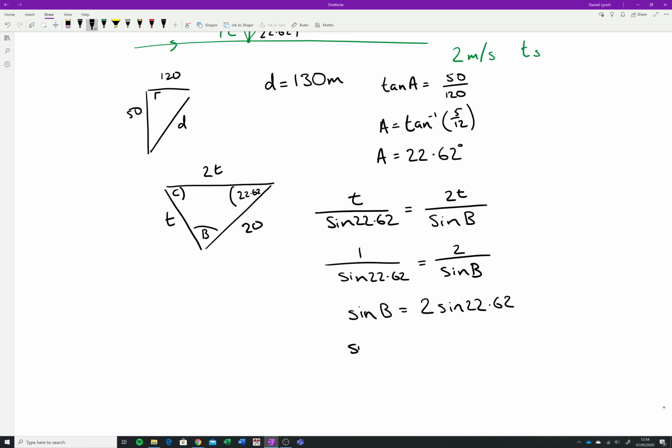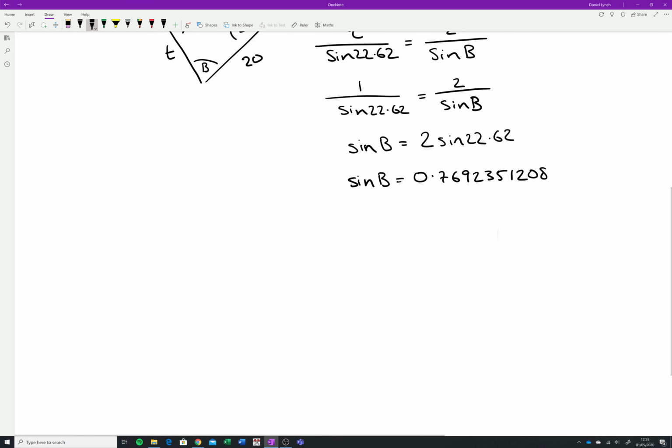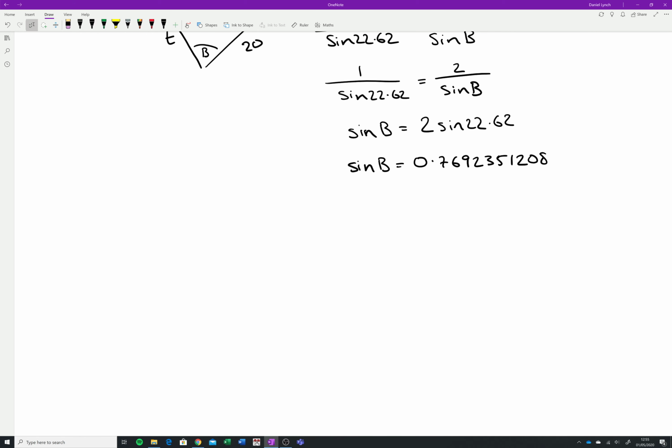So we get that sine b is equal to 0.769. I'm going to say it like that. It's not a bad idea, in fact, because these things are relatively sensitive. It's not a bad idea just to go and write it out as accurate as you can.